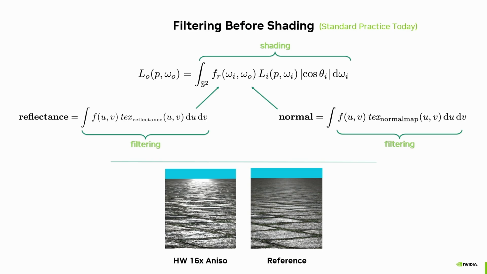And the reflectance function is an integral, or multiple integrals, itself corresponding to texture filtering. And we already saw from earlier work that filtering before shading, so first applying filters, the integrals for texture filtering, and then shading, creates errors and in many cases produces wrong appearance preservation or no appearance preservation.